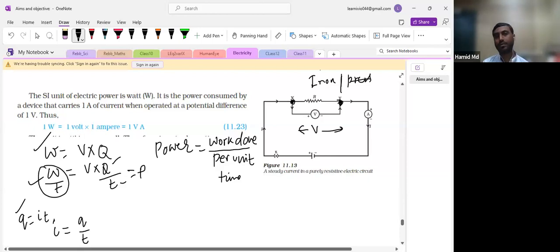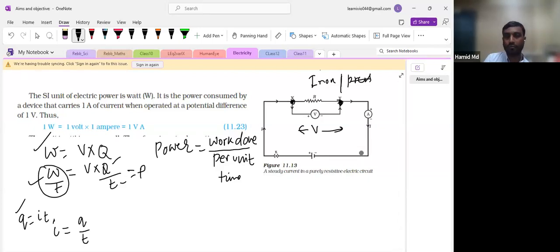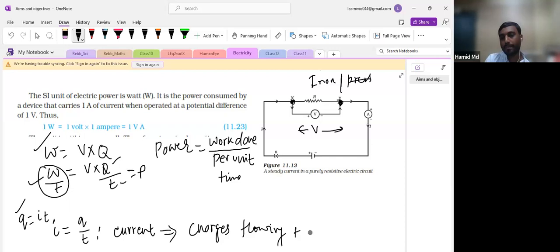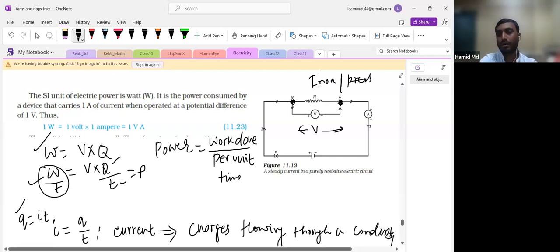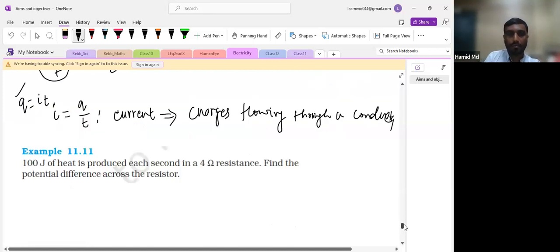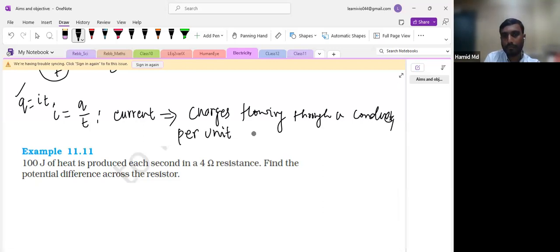Current is charge flowing through a conductor per unit time. This is the definition of current, right?